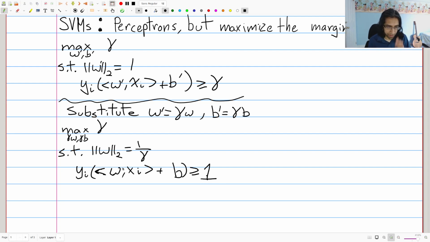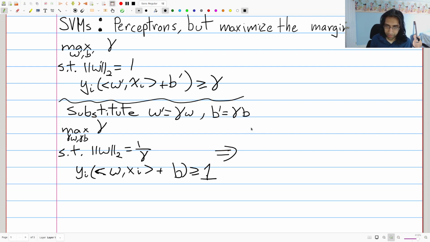In fact, this can be simplified a little bit more. You'll notice that there's not really any important role of gamma, in the sense that we're maximizing gamma, where 1 over gamma is equal to the L2 norm of the parameter vector. Since the L2 norm of w is equal to 1 over gamma, we can just substitute in gamma equals 1 over the L2 norm of w.